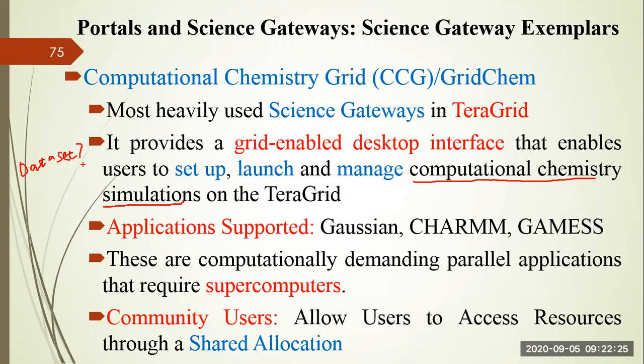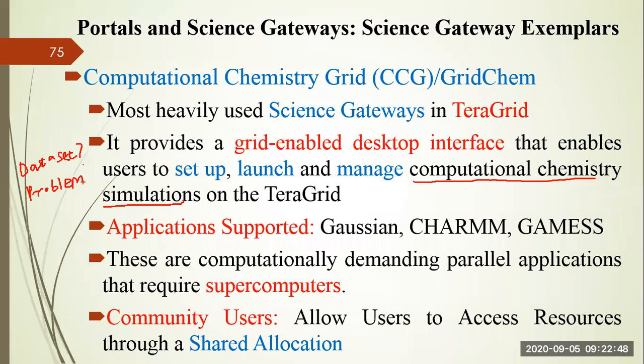Another thing you may ask is, whenever you are using a particular simulation and there are some problems, to whom will you ask the questions? Or if you face problems with software installation, whom will you ask? These things can be solved with the help of these gateways.